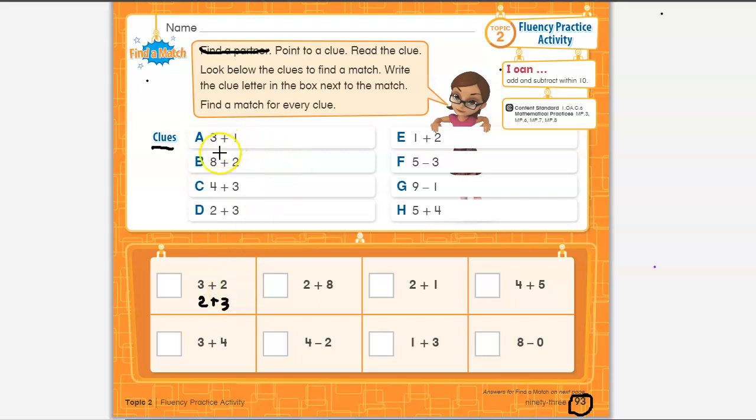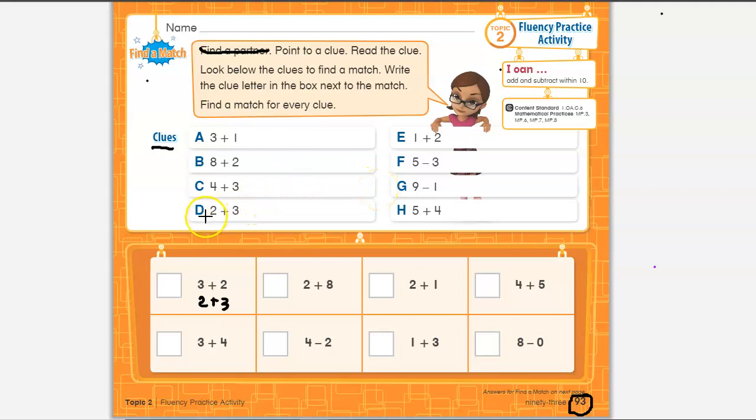So when I'm looking at my clues up here, I can be looking for either the same equation where the add-ins are changed, or I can look for a clue that has the same total. But let me see if this add-ins trick will work. If I have 3 plus 2, I'm going to look for 2 plus 3. Do you see any clues up here that say 2 plus 3?